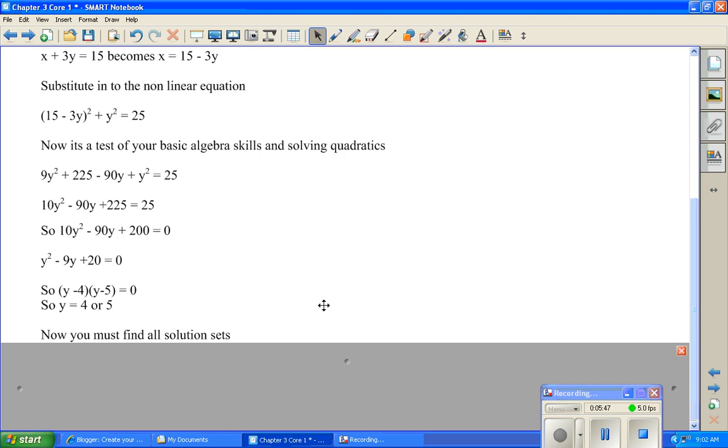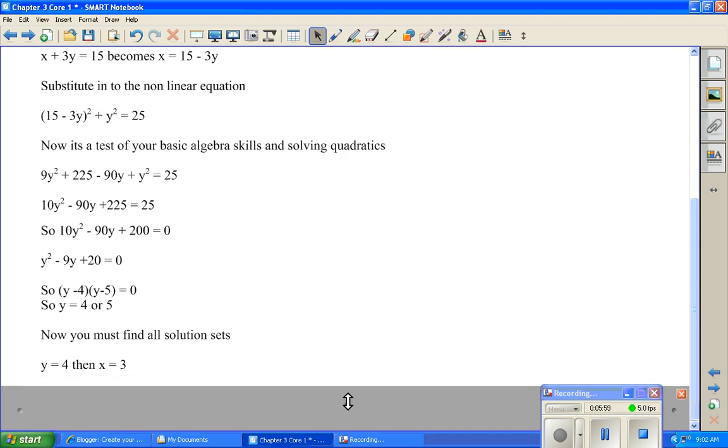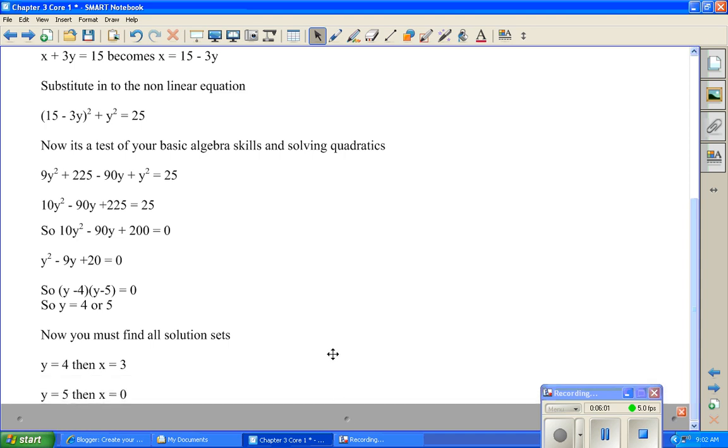Now we've got to find all the solution sets. Okay, so we can use this equation up here. When y equals 4, x must equal 3. And y equals 5, then x must equal 0. Remember, like in quadratic equations, we expect to get 2 answers.